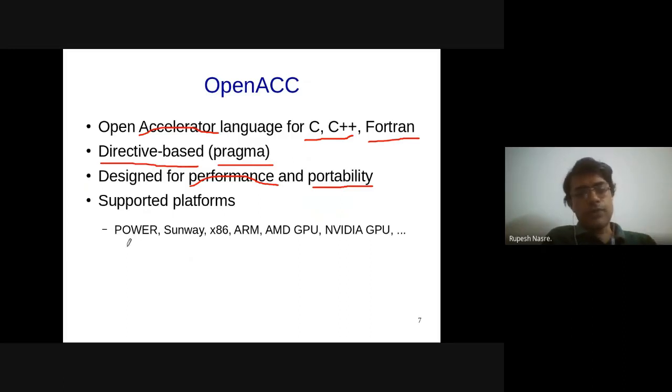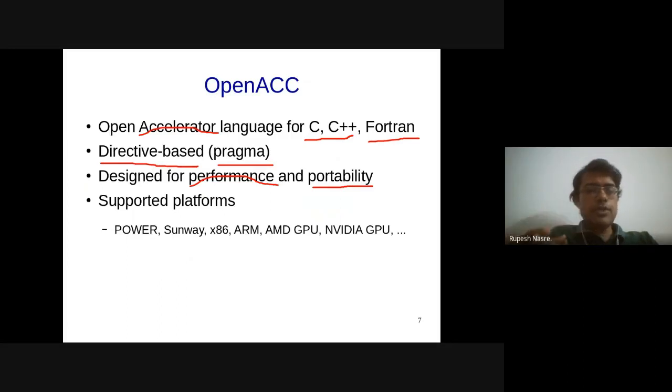All right, so there are supported platforms. Many of the popular platforms are supported, including NVIDIA GPUs and AMD GPUs. NVIDIA GPUs are the ones that most of us are going to use, but there are others. For example, ARM CPUs are also supported using OpenACC. If your accelerator is an NVIDIA GPU, the same code will compile and run.